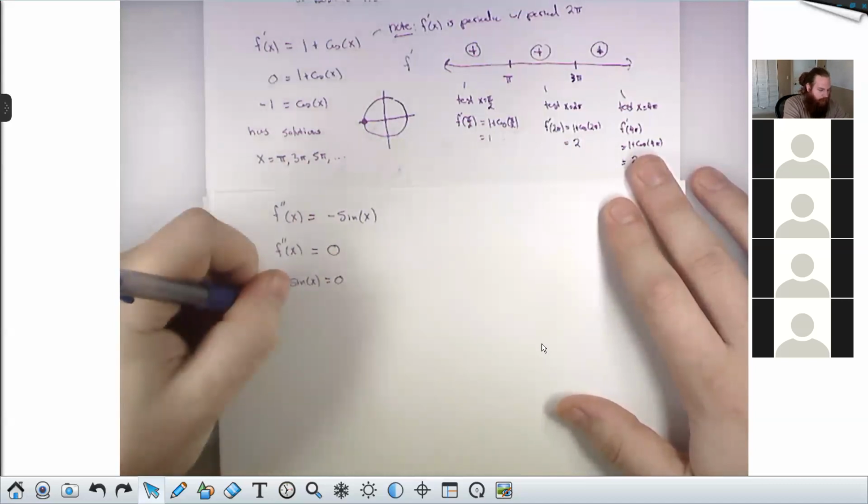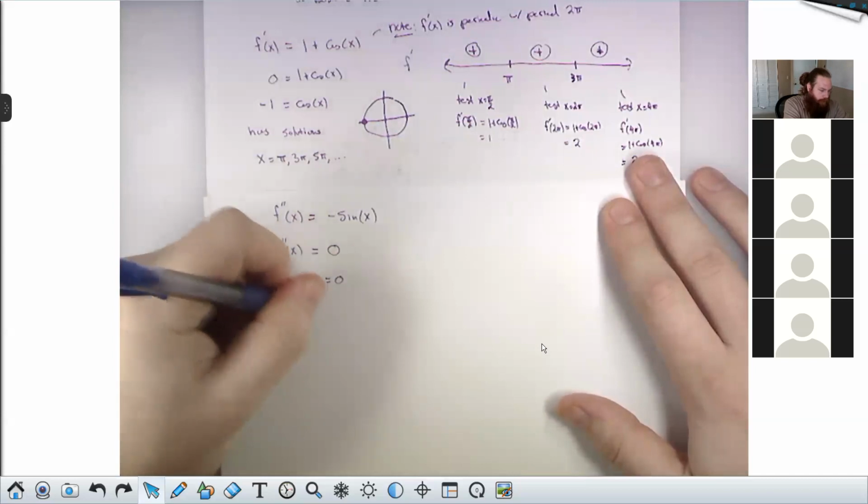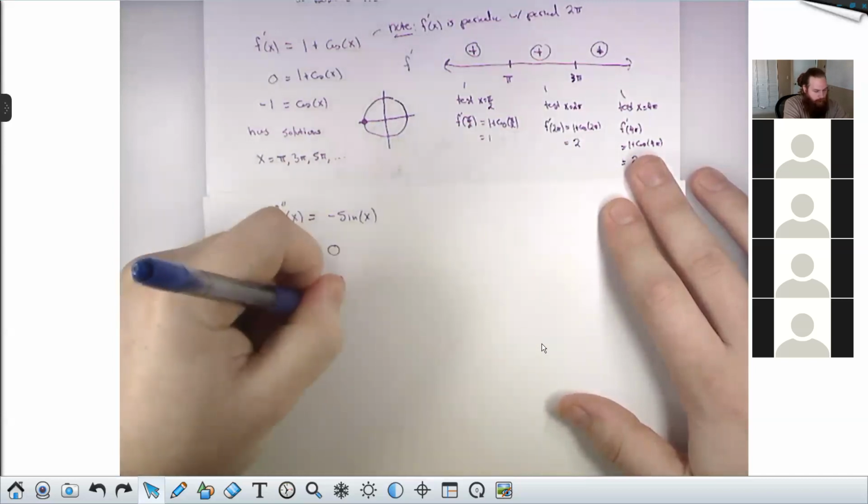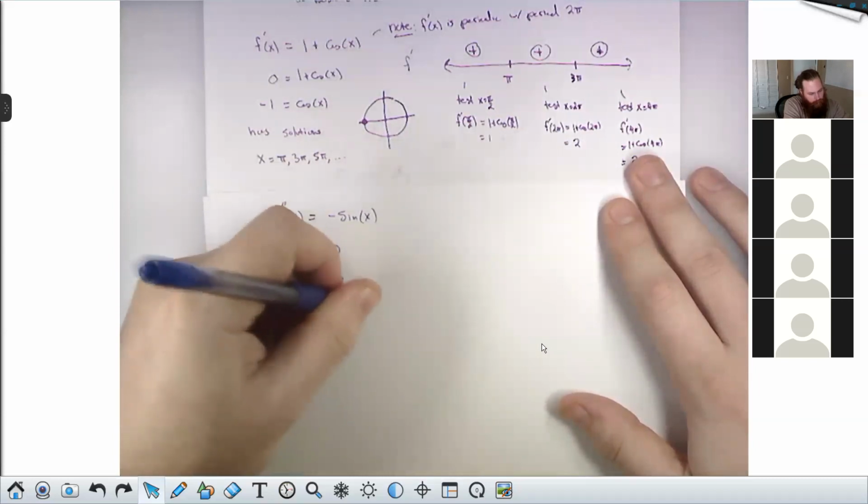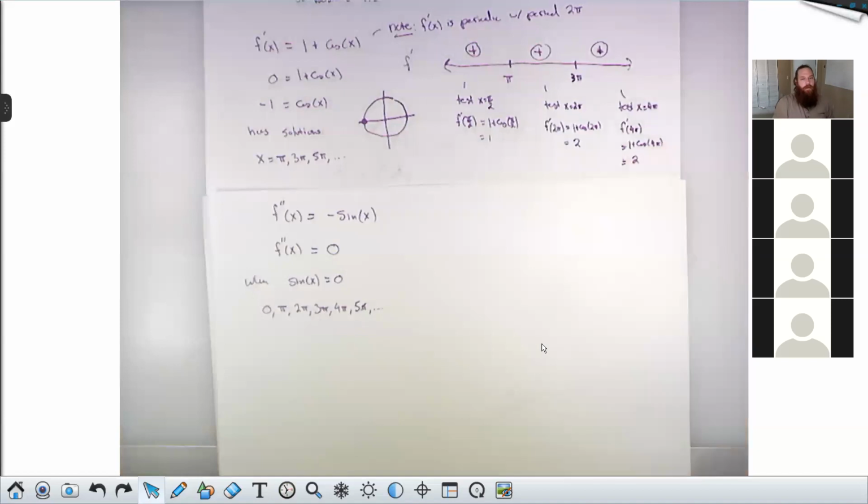And we know the solutions to this. These are 0, pi, 2 pi, 3 pi, 4 pi, 5 pi, etc. All right, sine x is equal to 0 at any integer multiple of pi.